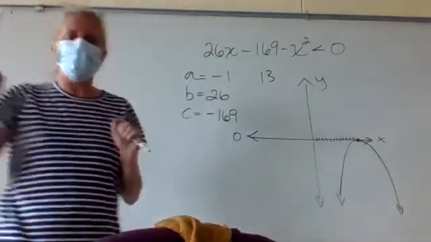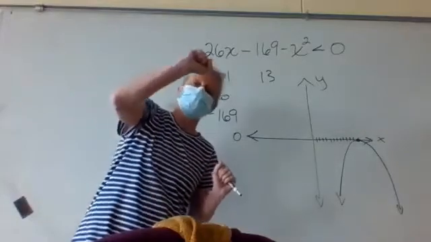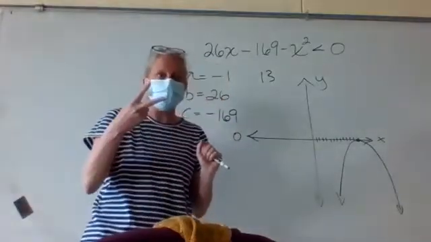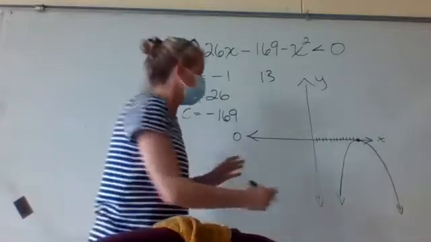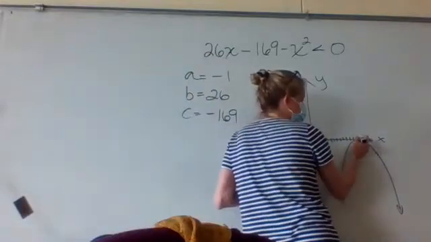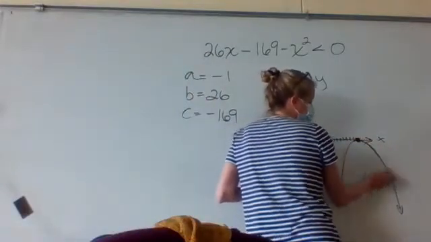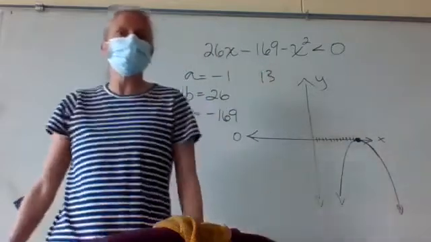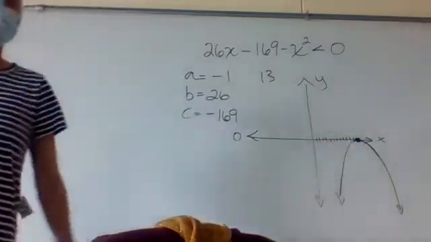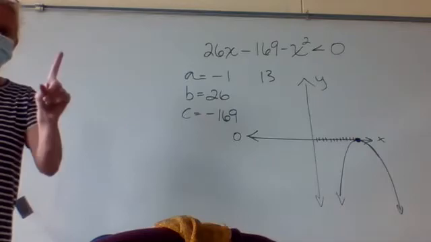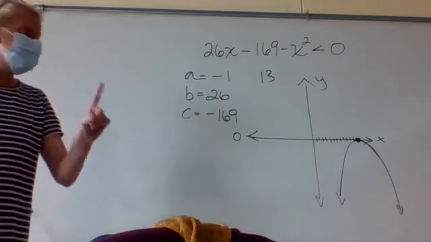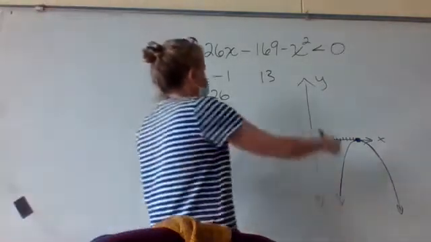If you crossed all the way through the x-axis and turned around, you would touch it twice. But if you just came up and touched it one time and didn't cross it, you just touched it there and went back down, then you can have 1 x-intercept in a parabola.